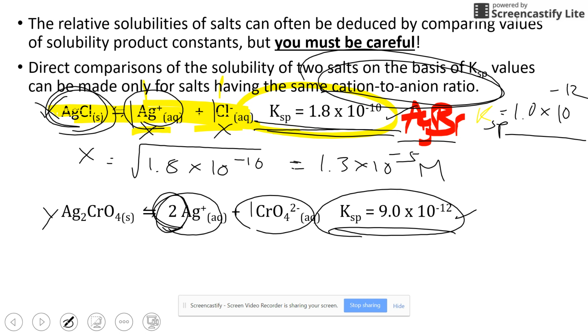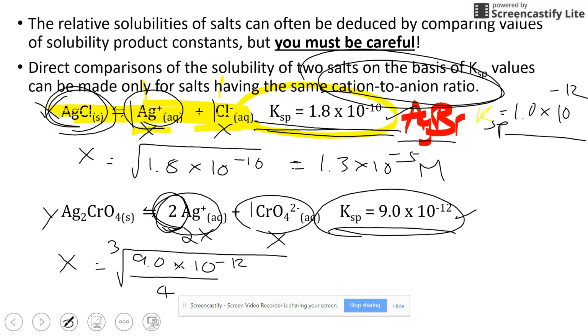Now for this one, this is going to be 2X and this is X. So the X value is going to be equal to the cube root of 9.0 times 10 to the negative 12, this is your KSP, divided by 4, right? Look at the problem before this one. So the X will come out to be 1.4 times 10 to the negative 4 molar.